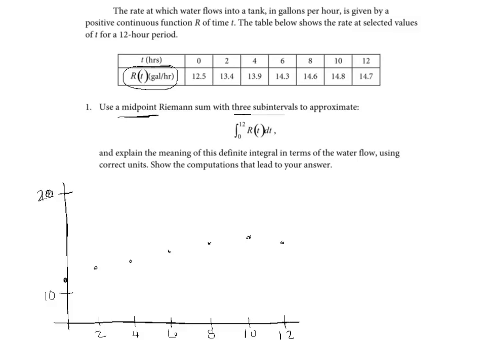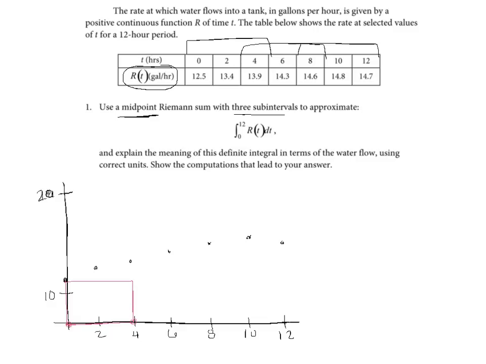So my first interval would go from 0 to 4, and then my second interval would go from 4 to 8, and then we'd go from 8 to 12. So let's do the first one. The first interval starts at 0, goes all the way over to 4. Now if we wanted to do a left Riemann sum, I would go up to a height of 12.5 and straight across.